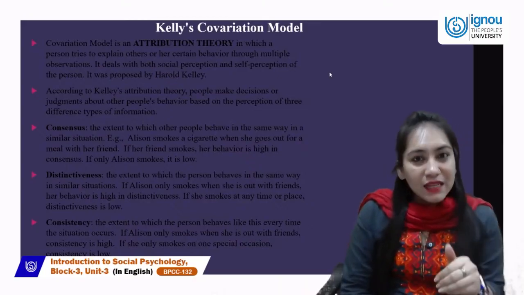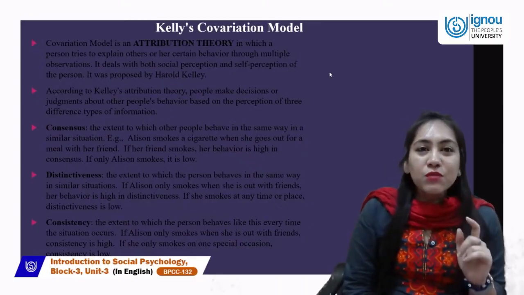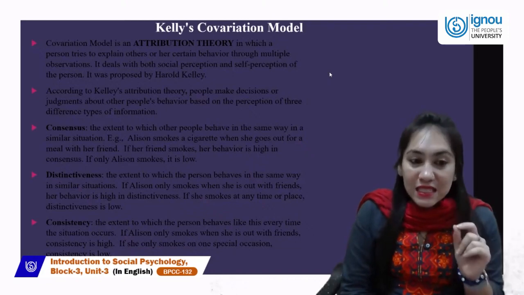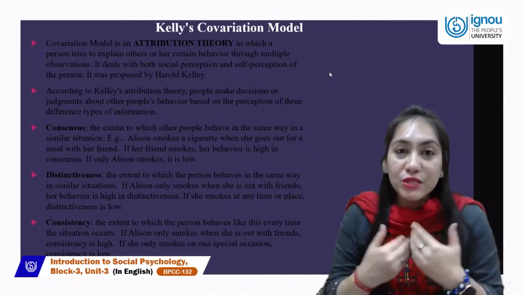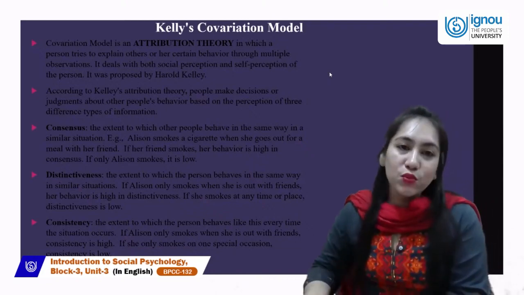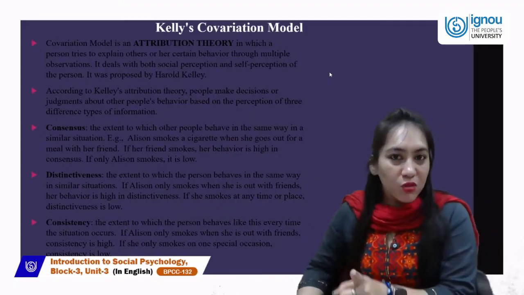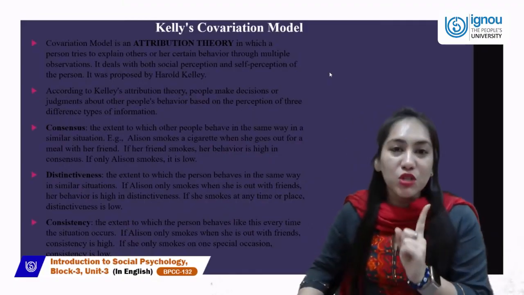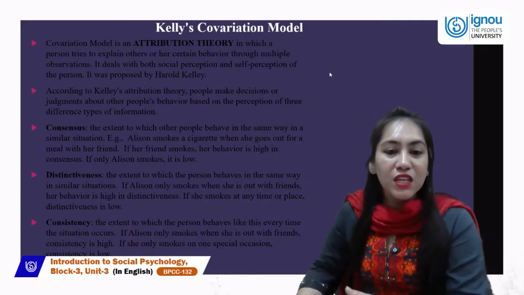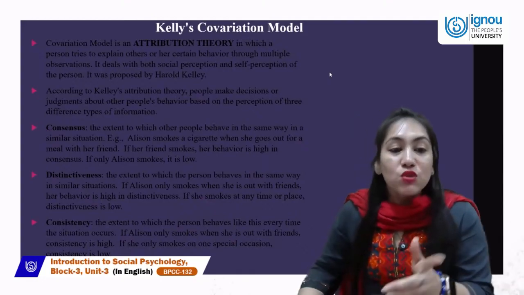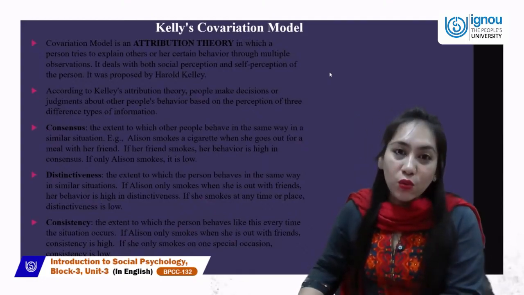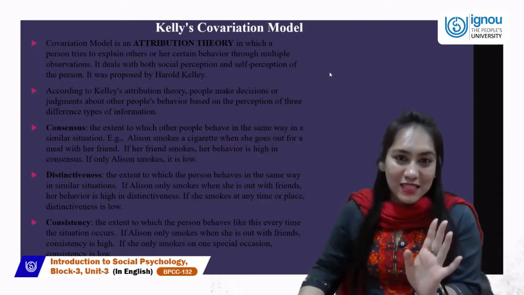Now let's come to the second point, which is distinctiveness. Distinctiveness is the extent to which the person behaves in the same way in similar situations. So we are not talking about the other people, but about yourself, the person behaving in the same way in a similar situation. If Alison only smokes when she's out with her friends for a meal, that's called high distinctiveness.